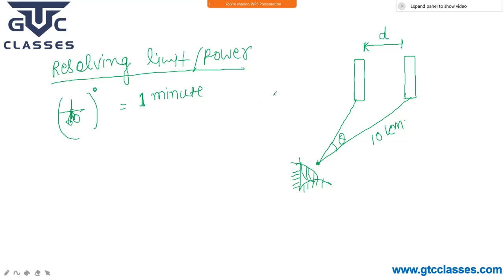So let's say the question is: how far apart should they be so that we can clearly see them? We can do the calculation. We can write angle is equal to arc upon radius, so D by 10 kilometer. So D will be theta into 10. Theta is 1 by 60, which I'll convert into radian: pi by 180, into 10 into 1000.